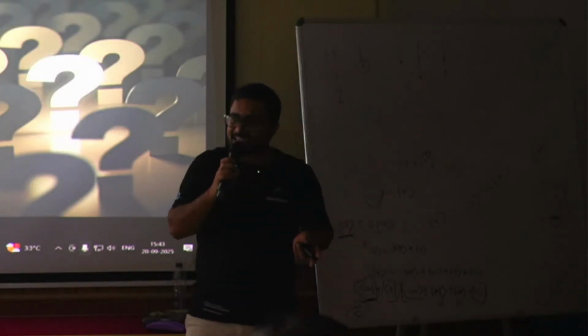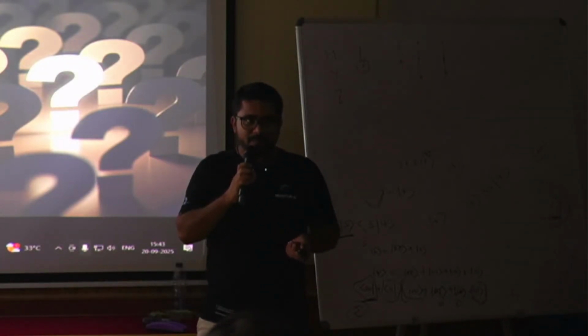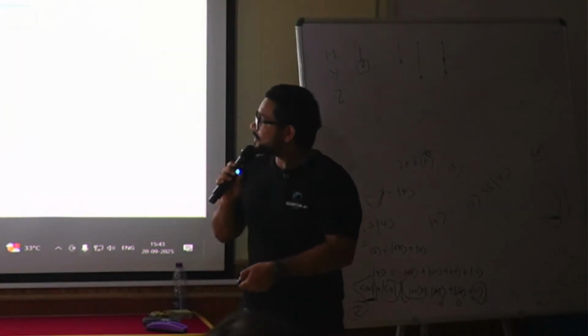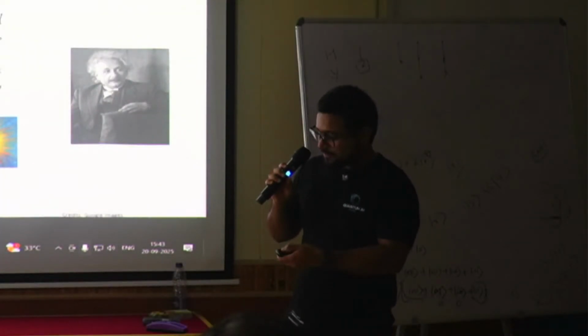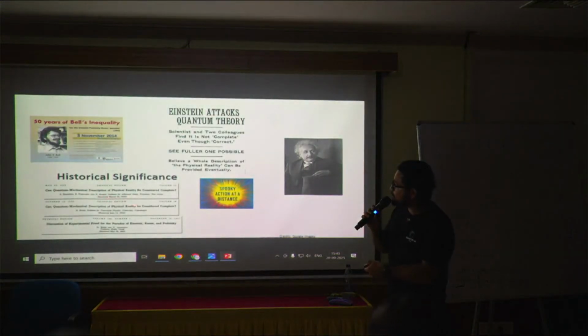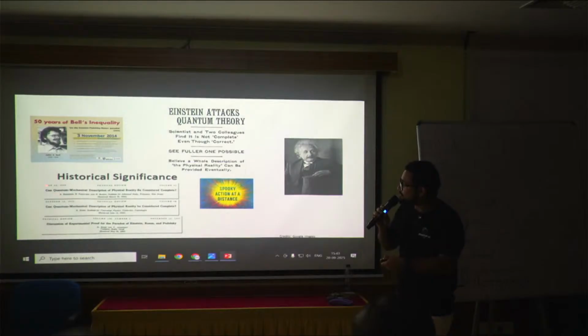And then Einstein had serious issues, and he published a paper with two colleagues. It's called, I hope you can see, Einstein, Podolsky and Rosen. So it is the EPR paradox or EPR paper.